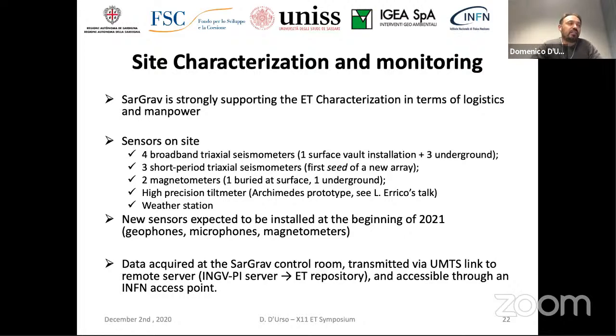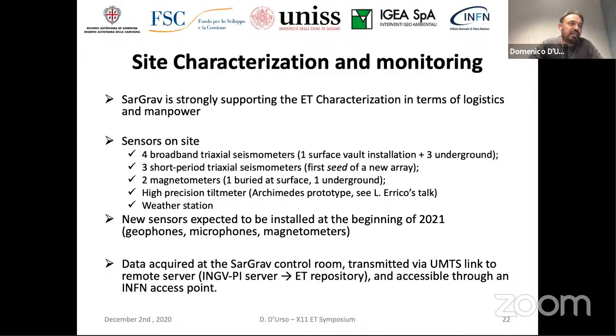At the moment, the site is completely monitored by many sensors distributed underground and on the surface, as you have seen yesterday in the talk by Luca and many others. New sensors are expected to be installed at the beginning of next year, I mean geophones, microphones, and magnetometers.